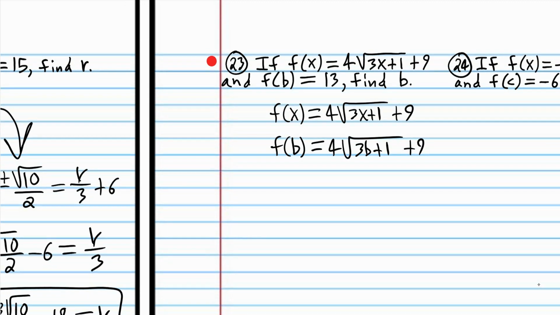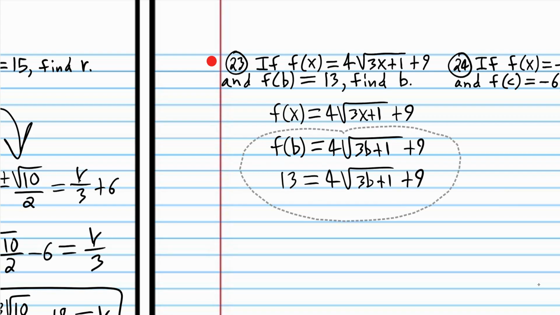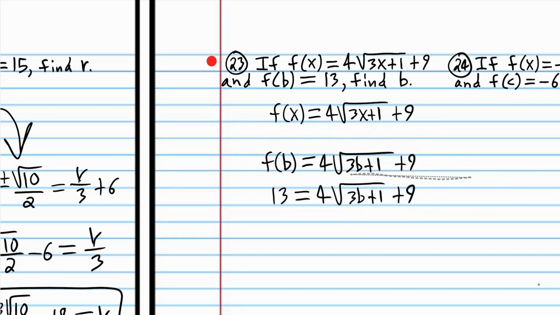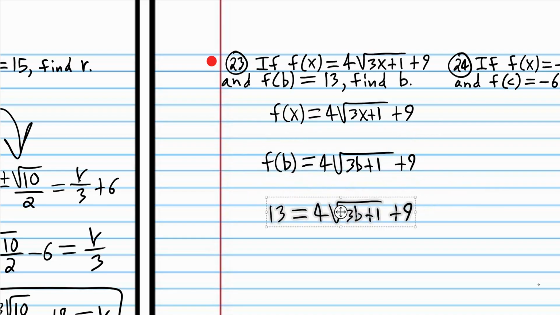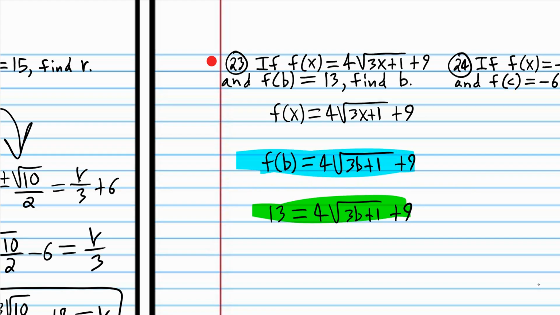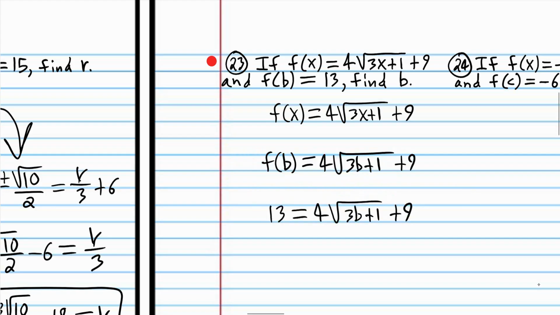And we know that f of b is 13 because they tell us that. They tell us if you plug in b for the input, then the output is going to be 13. So I just rewrote this same equation down here that I had in blue, except I replaced f of b with 13 because they told us that it's equal to 13.